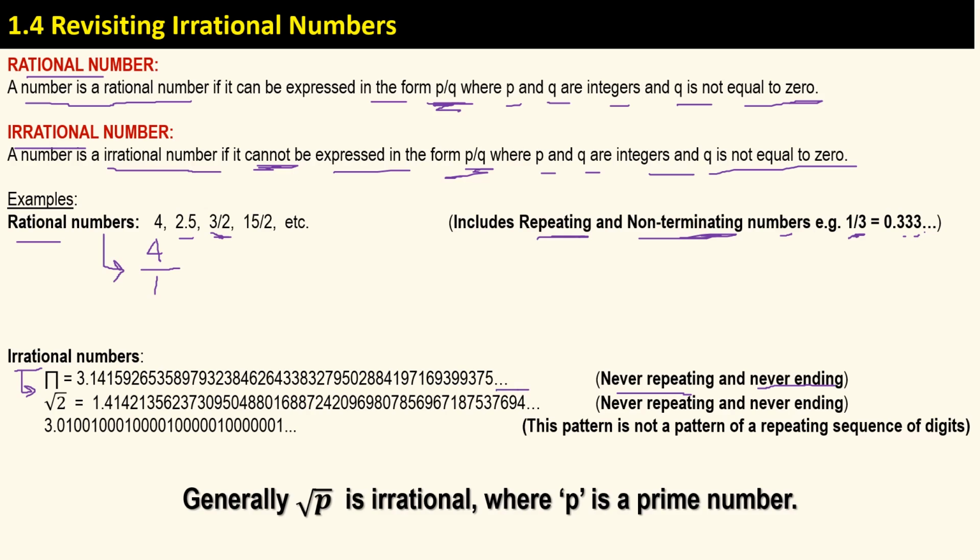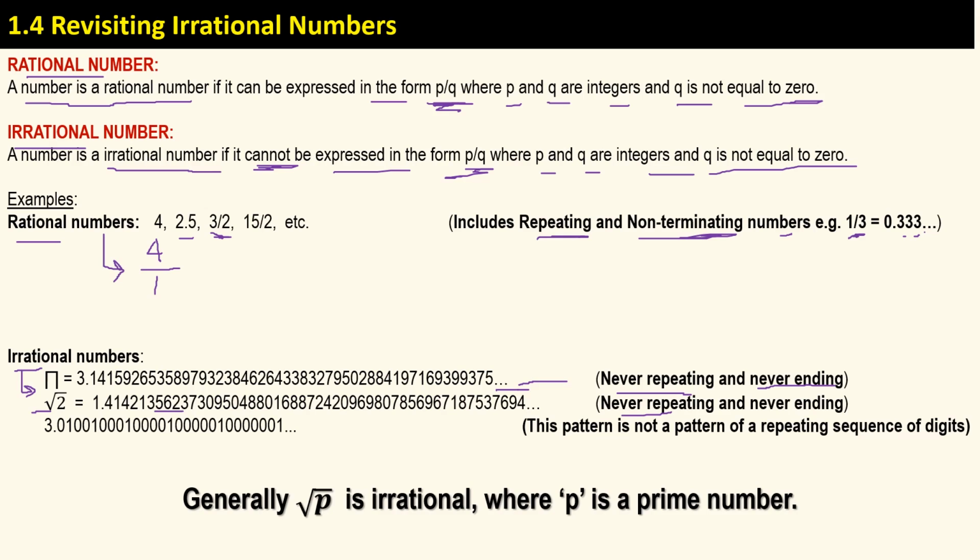The digits keep going on after the decimal place. Similarly, if we see the square root of 2, this value is 1.4142 and so on, which is never repeating and never ending. And by never repeating, we mean that the pattern of the digits is not repeated.